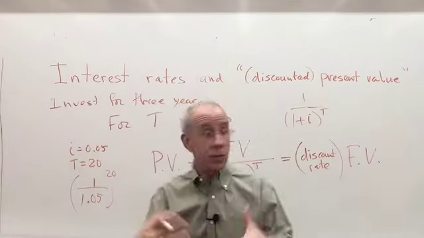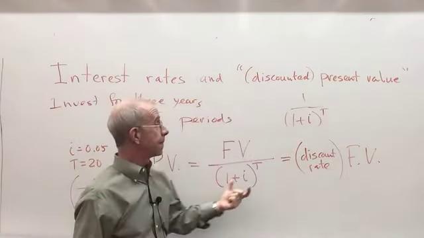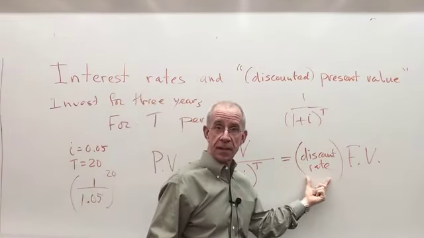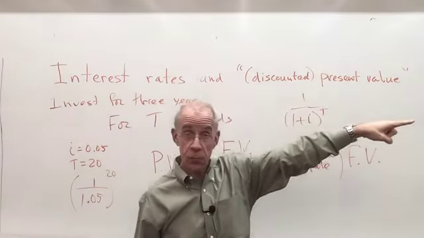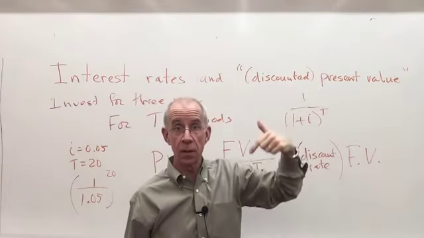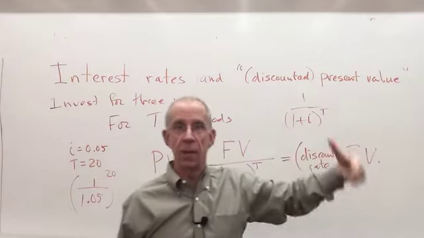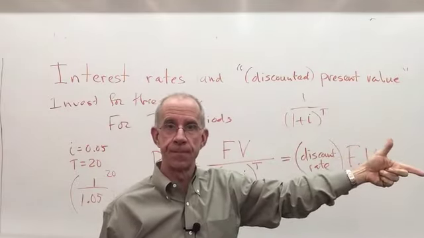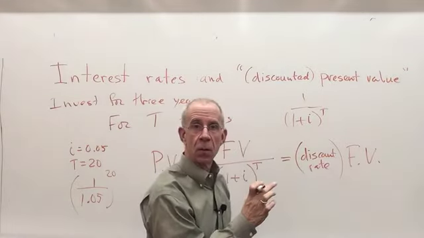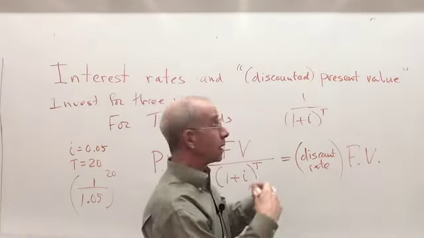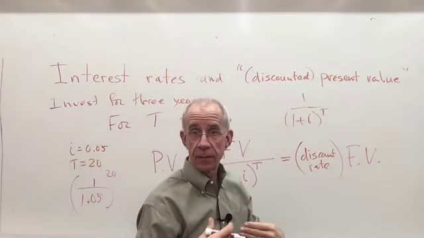It gets larger and larger and larger. That's another way of saying that I will discount some future value much more if I get the payment 20 years, 30 years, 40 years down the road. So you have this discount rate, which translates a future value into a current value.